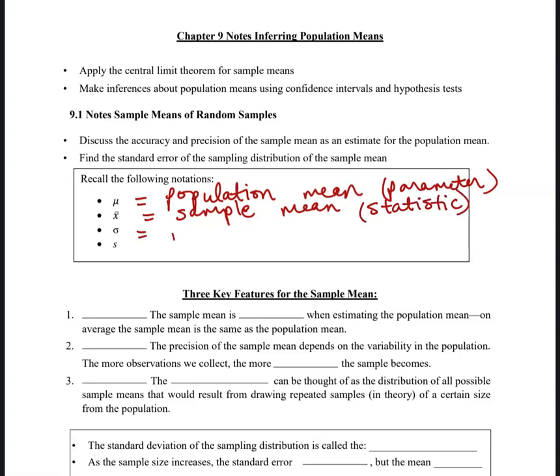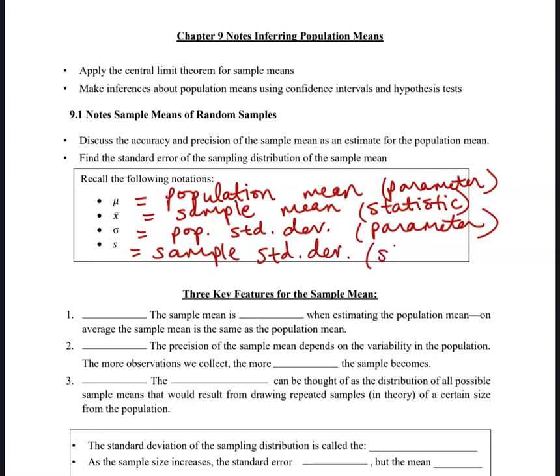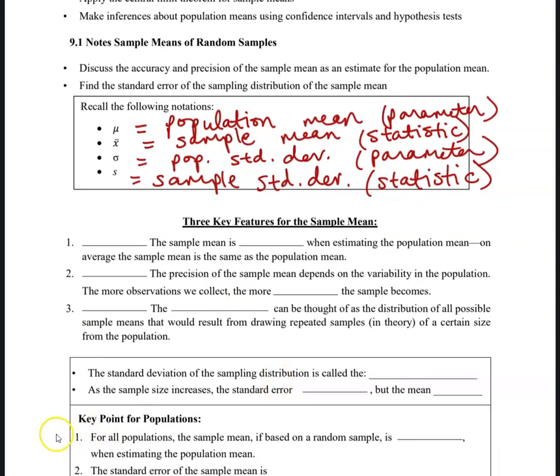Sigma is your population standard deviation, and so that is also a parameter. And then S is your sample standard deviation. And since that comes from the sample, that would be a statistic. So this is just a little refresher. We talked about these earlier back in chapter 7.